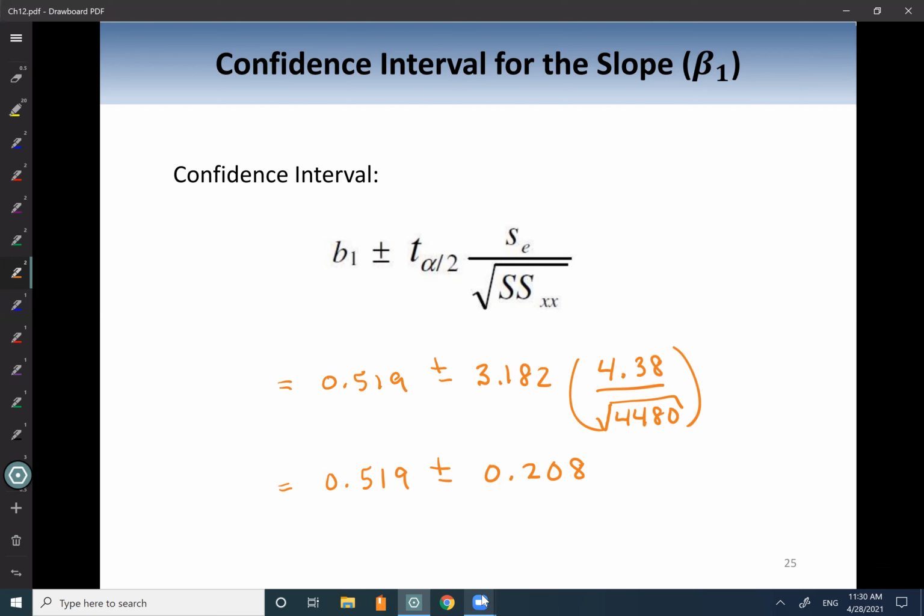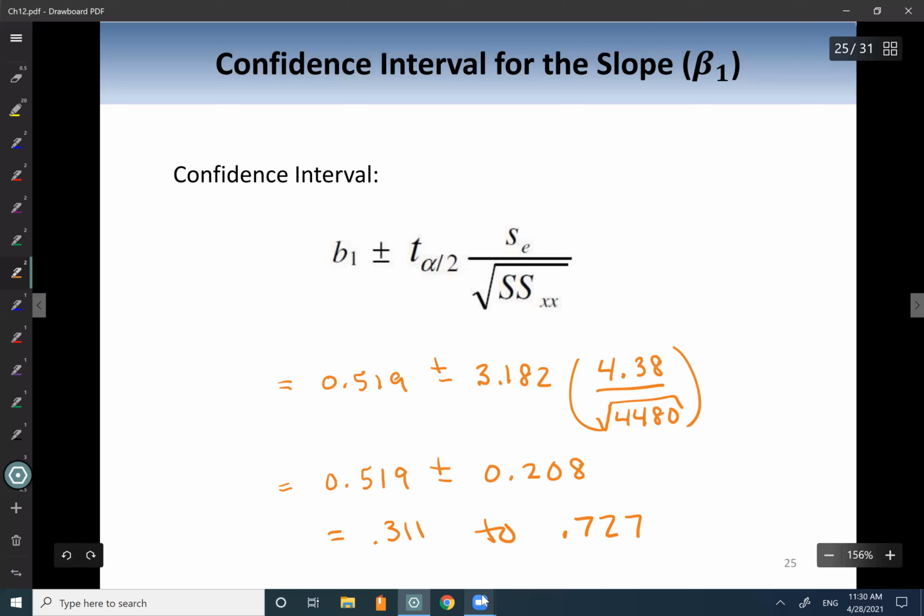And we can see that if we do that, we should be consistent with the two-sided confidence interval, or the two-sided hypothesis test. So let's do this. 0.519 minus 0.208 is going to be equal to 0.311. That's our minimum. And 0.519 plus 0.208 is 0.727.